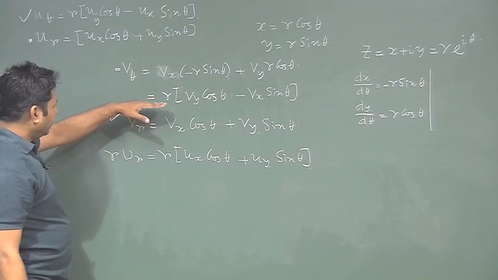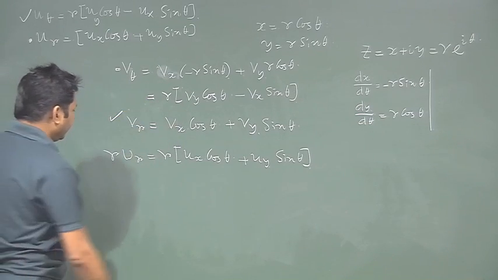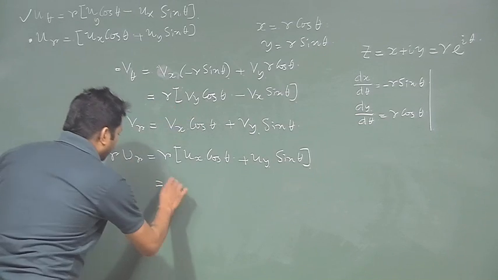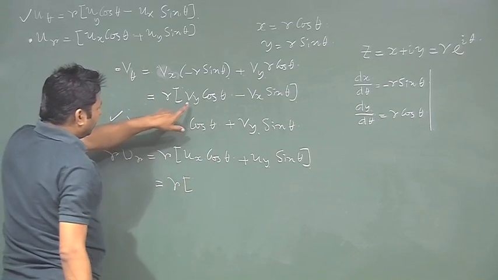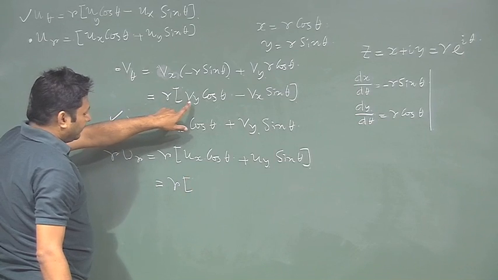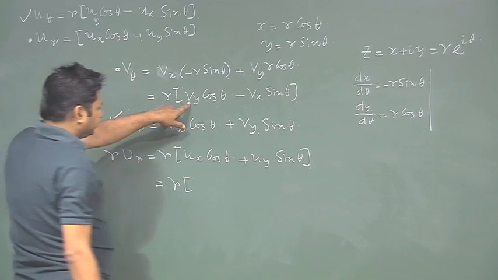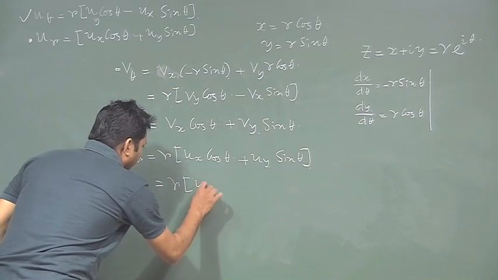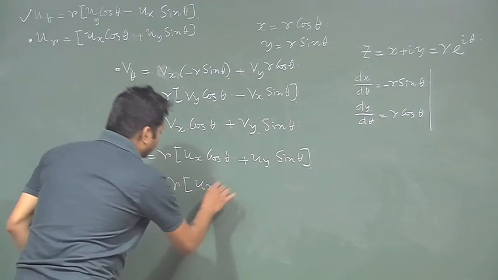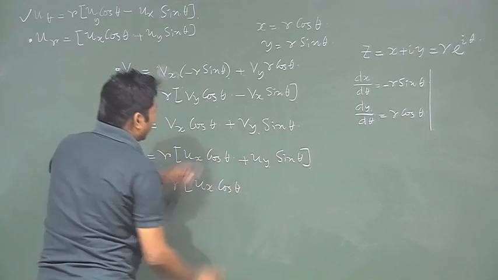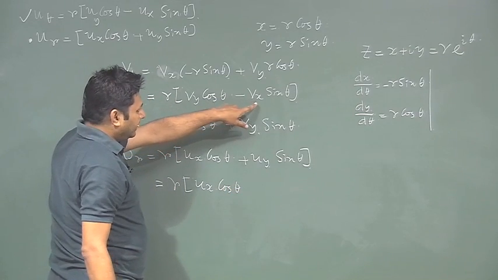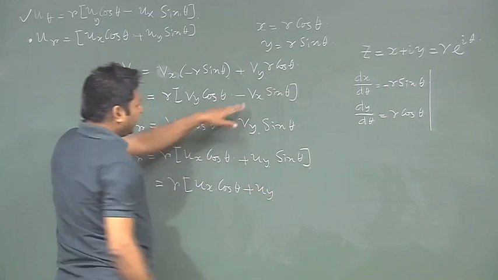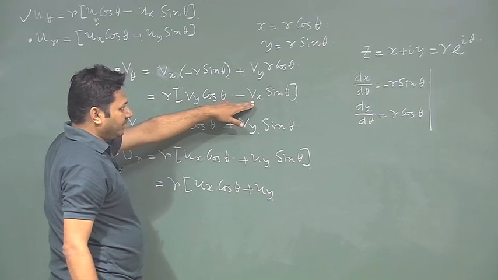Now, if you look at this equation, V theta, if I write it here, V theta, r V y is V x, u x is V y. So, V y is u x. So, u x cos theta, and V y is minus of V x. So, plus u y, V x is minus of... I am using the Cauchy-Riemann equation right now.